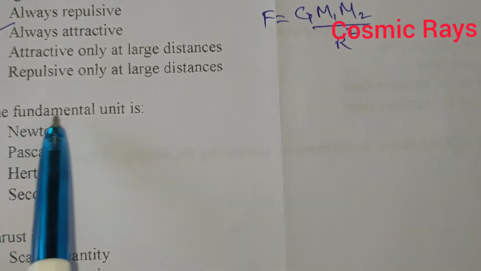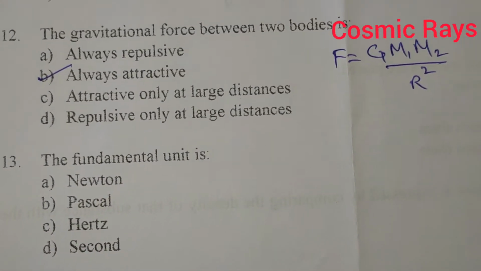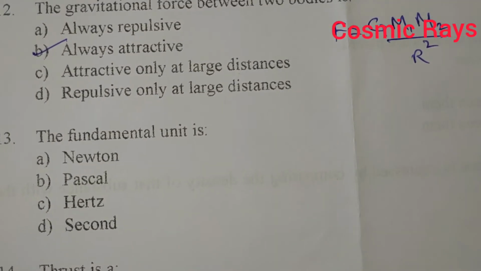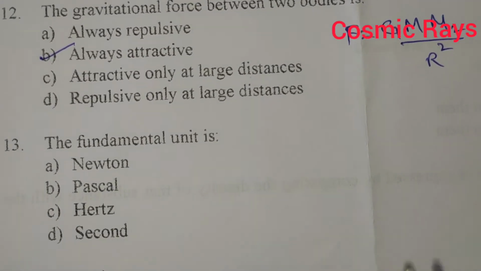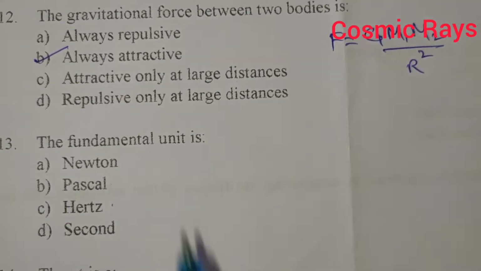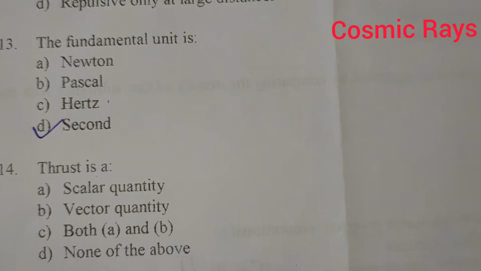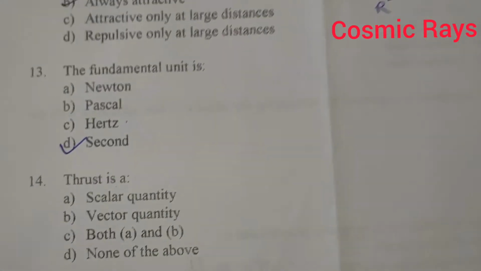Now the fundamental unit is, we know that there are two types of unit, fundamental unit and derived unit. Fundamental units are those units which do not depend on other units. So Newton, Pascal, Hertz are not fundamental units, but second is a fundamental unit, and that is the unit of time.